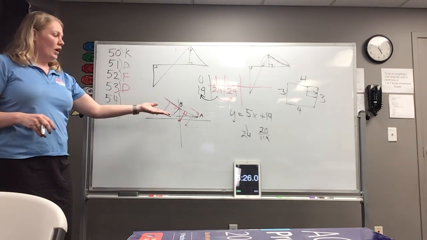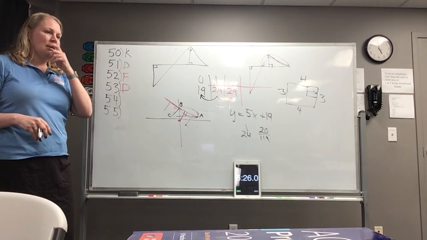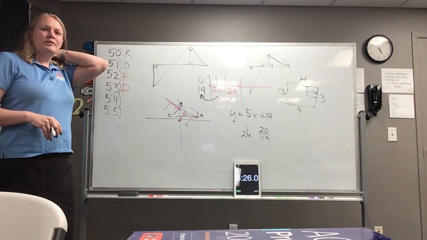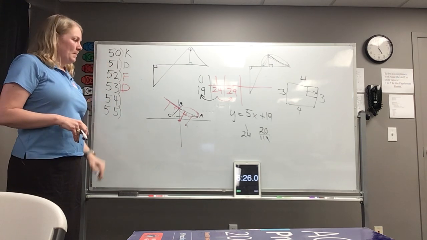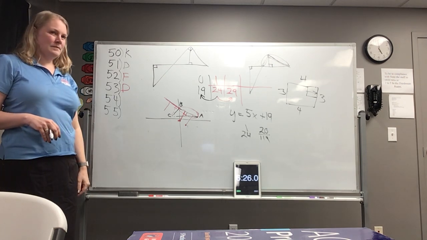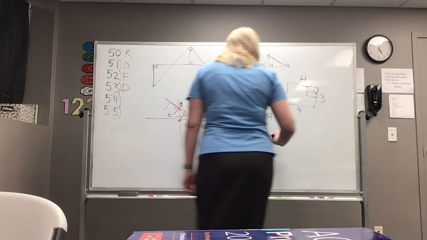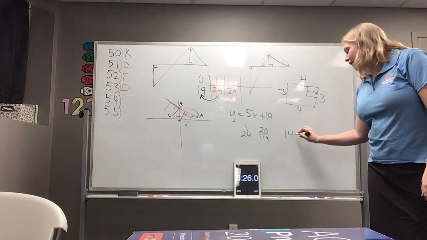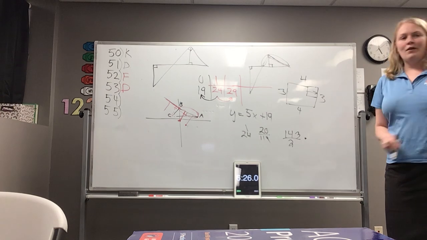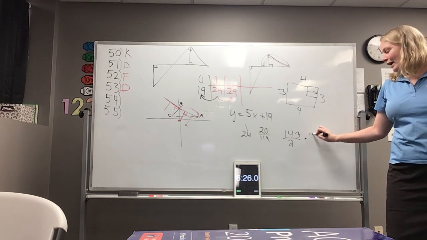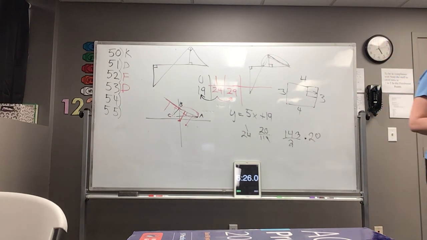And so 24 plus 119 equals 143. So we take 143 divided by 2, which is the average, and then we multiply it by the 20 days. And that's where we would get it.